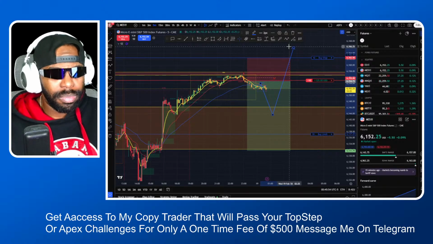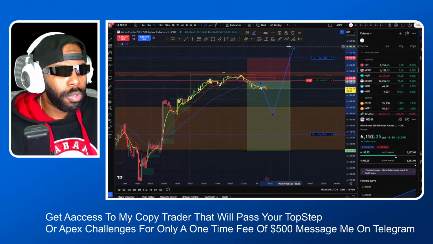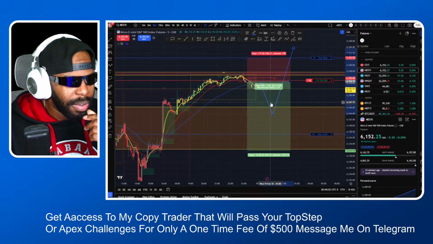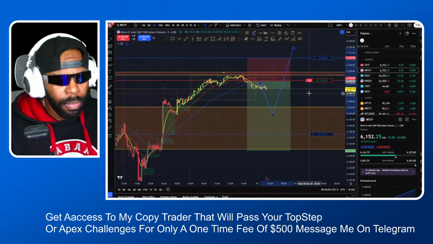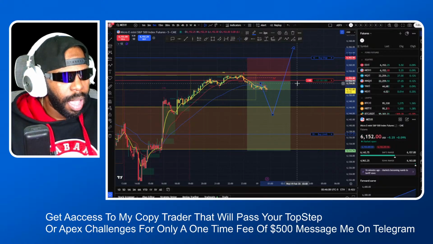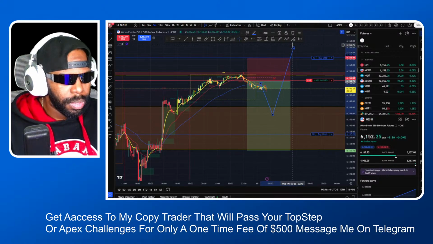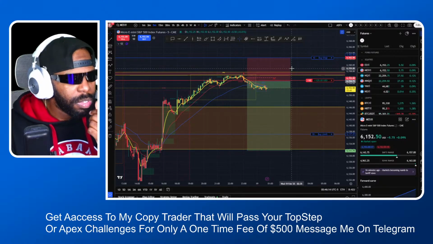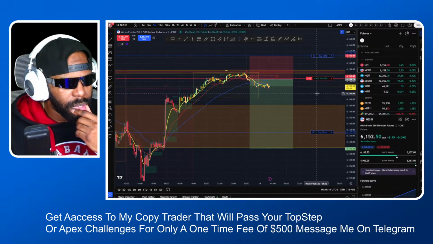The higher time frames are telling me that we are in an uptrend. So once price comes down here, or even close to this area right here, I'm going to go ahead and break even. That way, if price turns around, then I won't lose anything. But we'll see what happens.